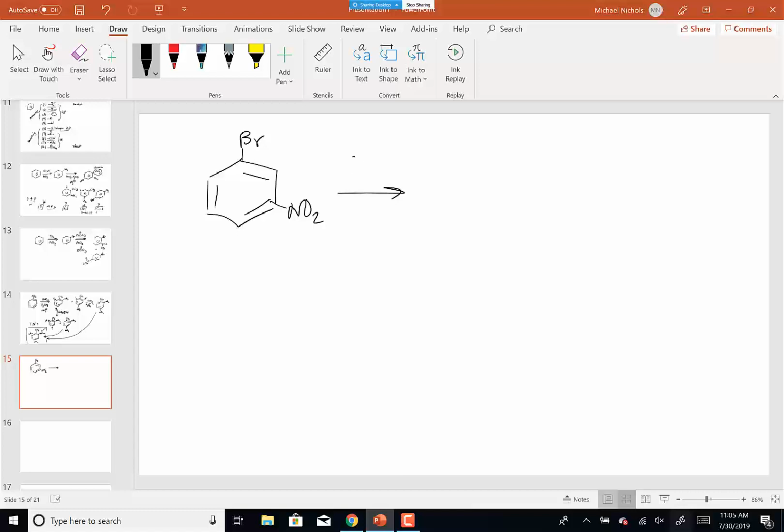And then let's add a methyl. Let's add a methyl chloride with an AlCl3. Okay? So I want to add a methyl group to this system. And let's call this A and B and C and D.